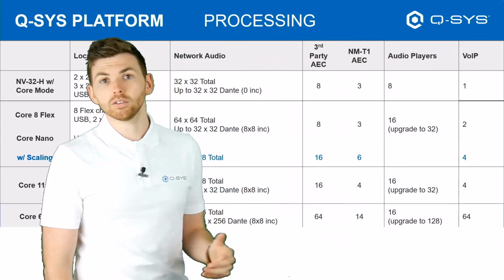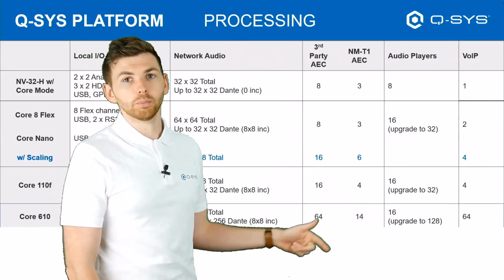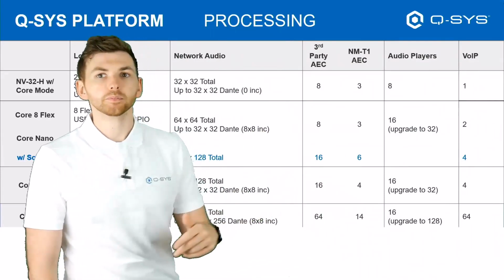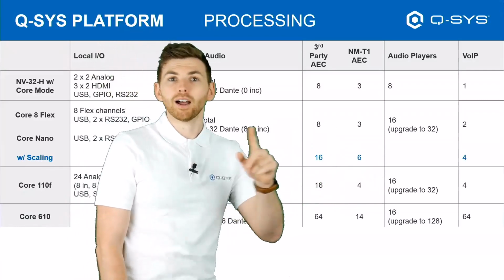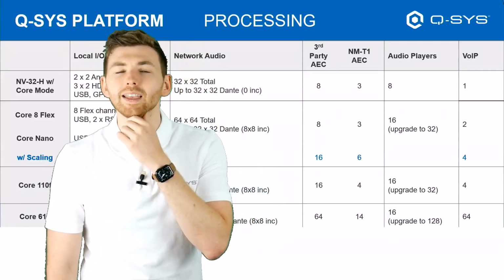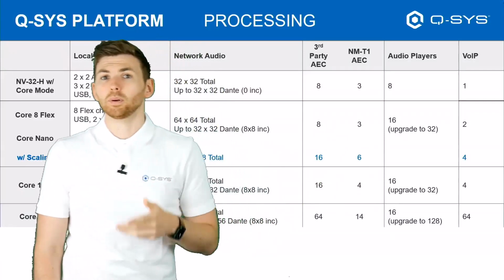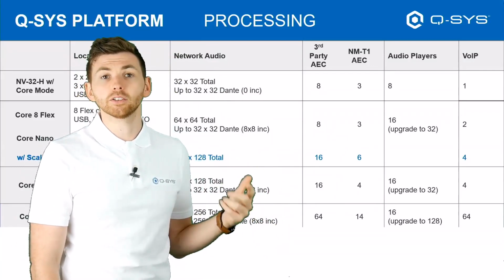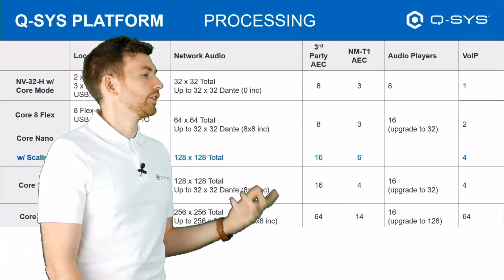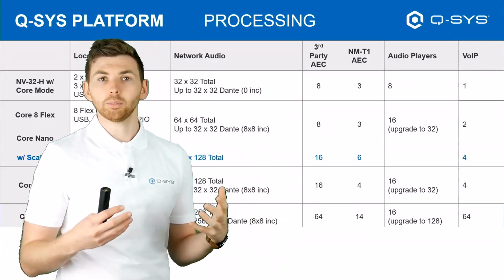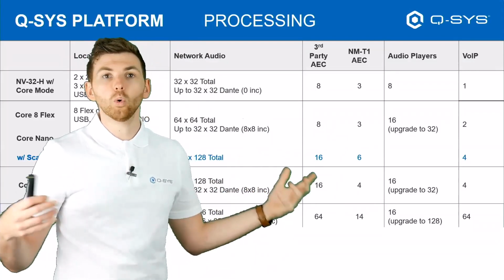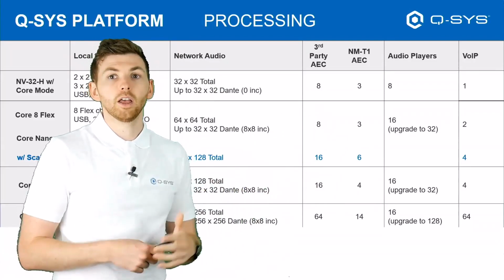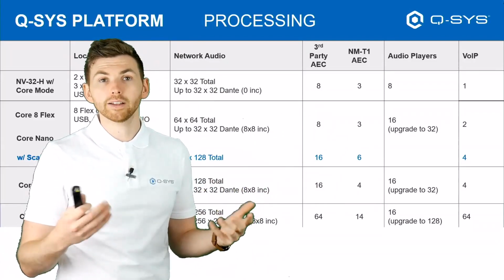All right. You've got here 14 NMT1s. And again, just like the other cores, you can mix and match those numbers together. 16 audio players, but upgradable to 128 simultaneous audio playbacks off of the 480 gigabyte SSD that it has. Okay, so this is used a lot for themed entertainment. You might have a Q-SYS Core 610 in the middle of the theme park, sending audio all around the park for little sound effects, background music, music on the rides, all of that kind of thing.